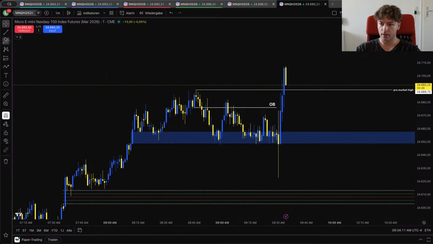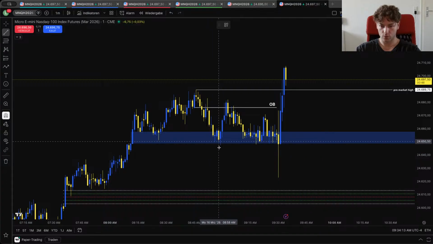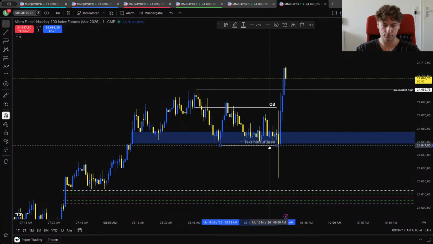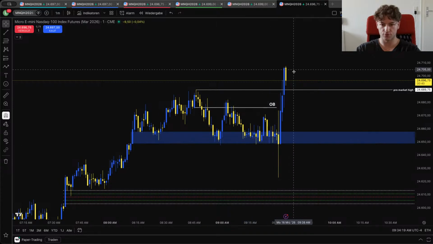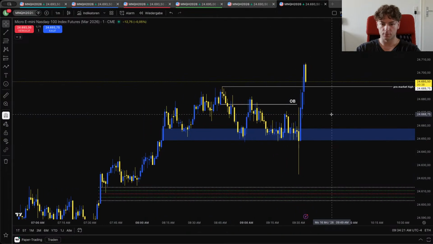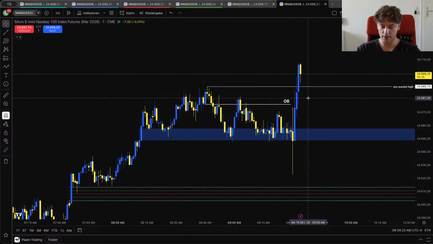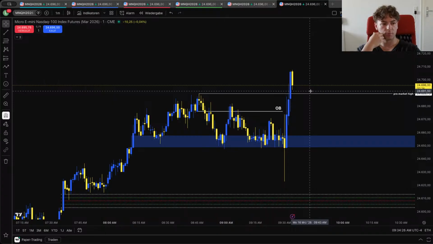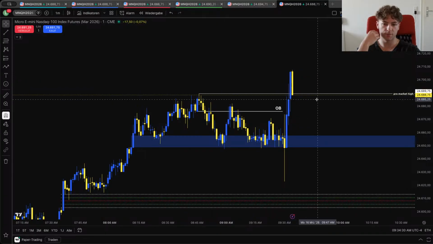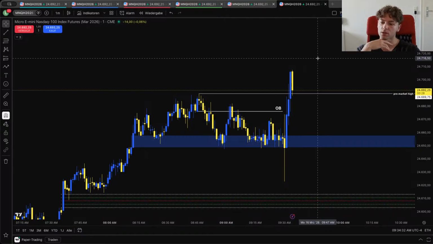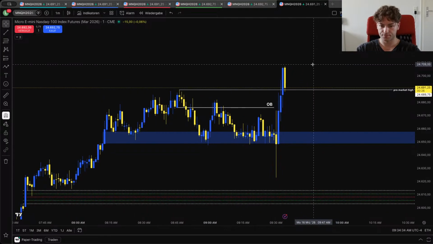If price is going higher, of course, we have these relatively equal lows right here, but that would be enough to trade higher. But if price wants to go higher for today, I'm not participating in any longs, so price is going to run without me.